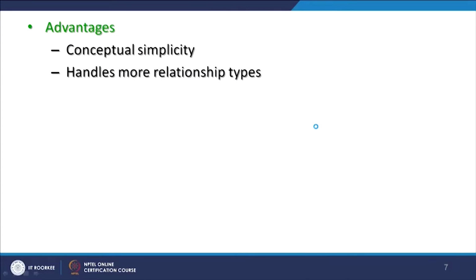The advantages are that it is still not very difficult. Relative to hierarchical, definitely it is complex, but otherwise conceptually still simple. It handles more relationship types, because it was very much restricted in the hierarchical model, but here a lot of relationships between courses, teachers, faculty and so on can be handled.